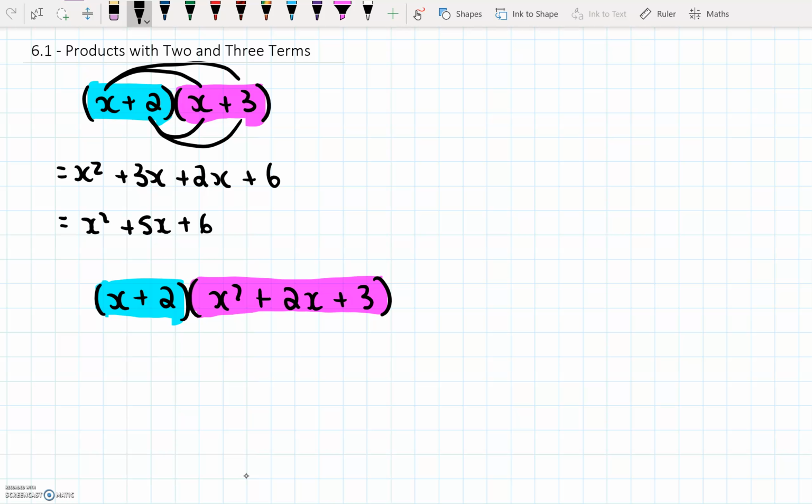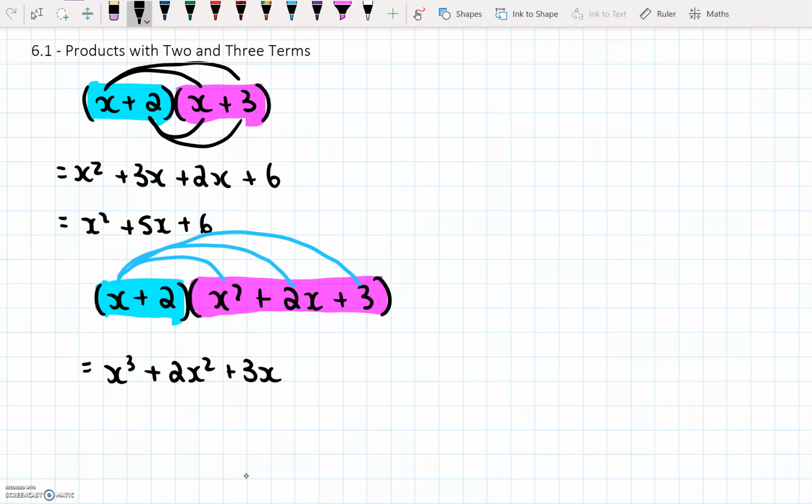So we're going to start by doing the x times the x squared, and that gets us x to the power of 3. Then we're going to multiply the x by the 2x. So that's going to get us plus 2x squared. Then we're going to do the x times the 3. So that's going to get plus 3x.